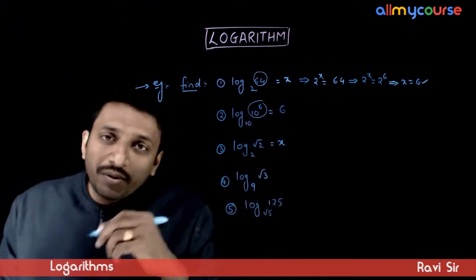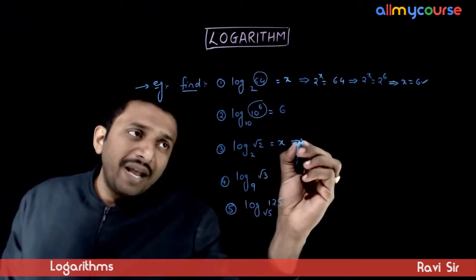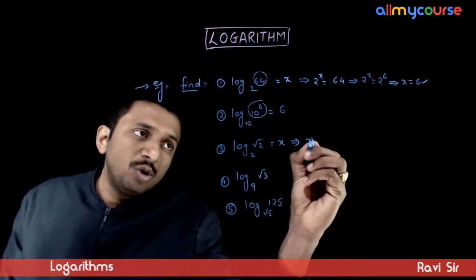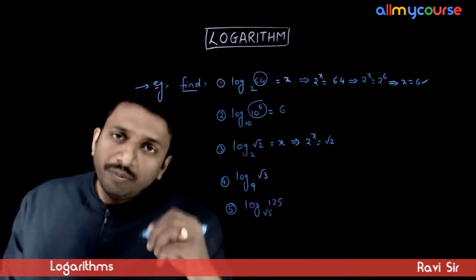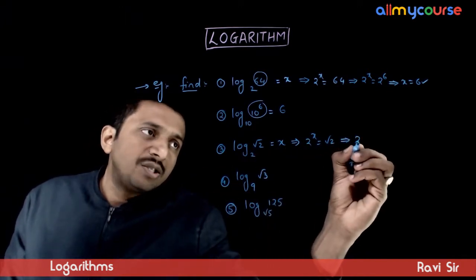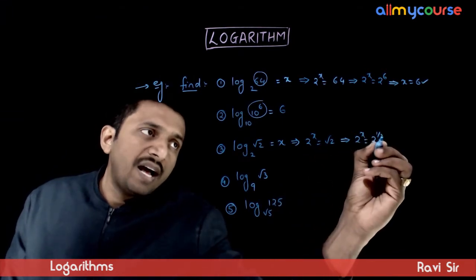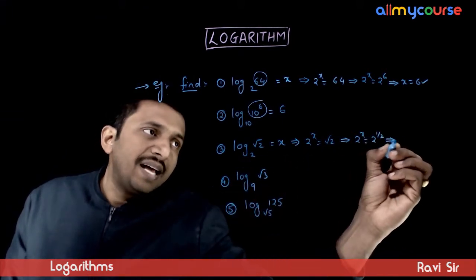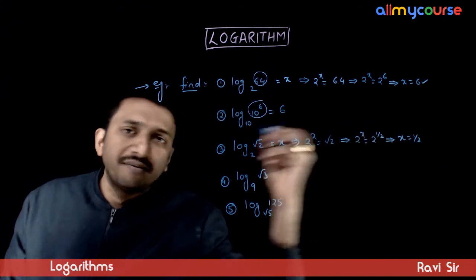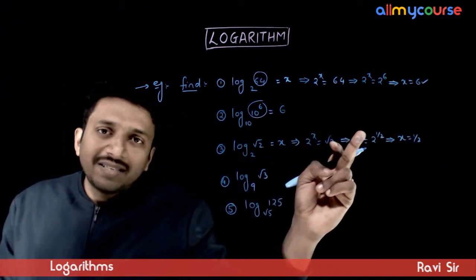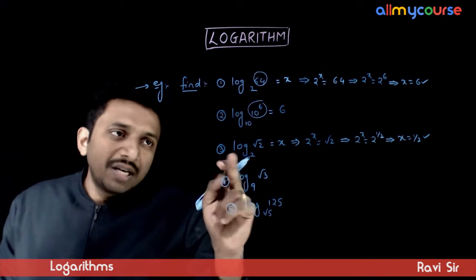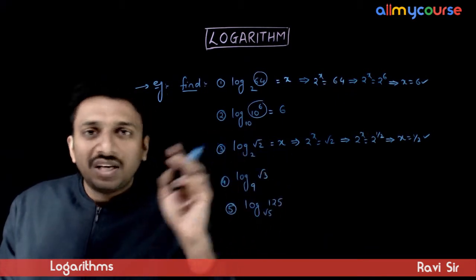Let it be equal to x, and this implies the exponential form of this is 2 power x has to be equal to root 2, and this implies 2 power x has to be equal to 2 power half, because root 2 is nothing but 2 power half. This implies x is equal to half. That means log root 2 to the base 2 is equal to half.